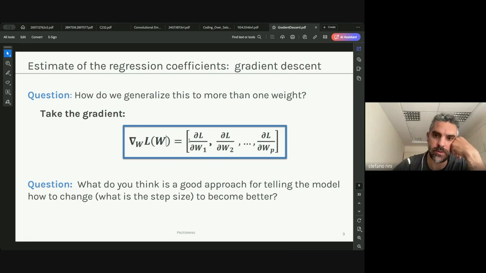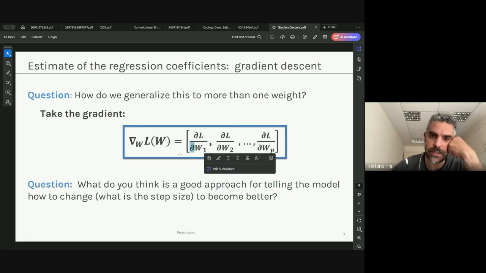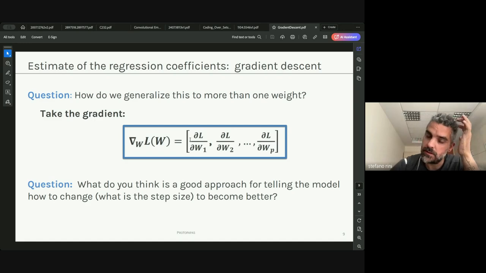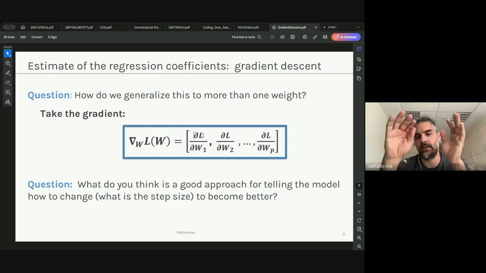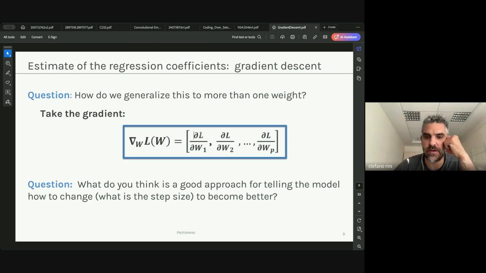How do I calculate the vector? I need a definition that tells me how each single coordinate is obtained, and each coordinate is obtained as the partial derivative of the loss function with respect to the weight. Remember that this is a partial derivative. This is a function of p independent variables. You imagine that all the independent variables between 2 and p are fixed, and so you see this function as being a function only of the variable omega 1, and you take the derivative with respect to this.